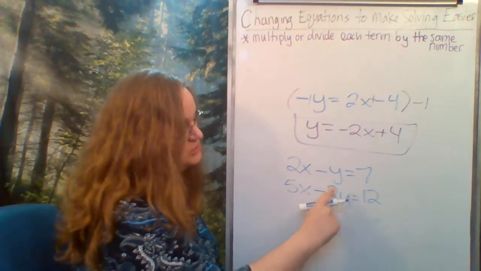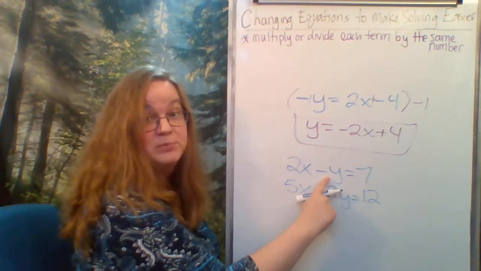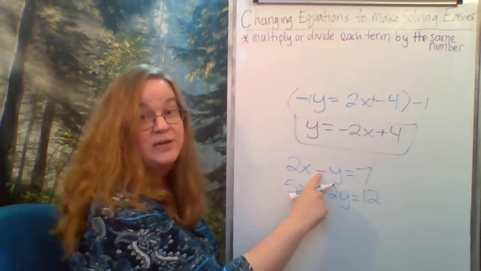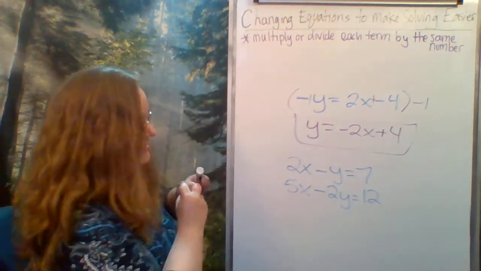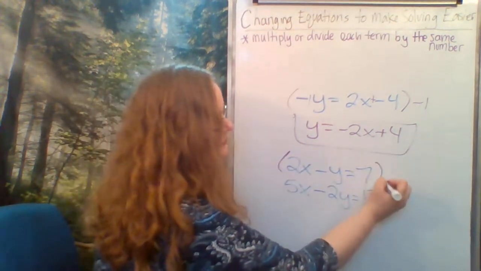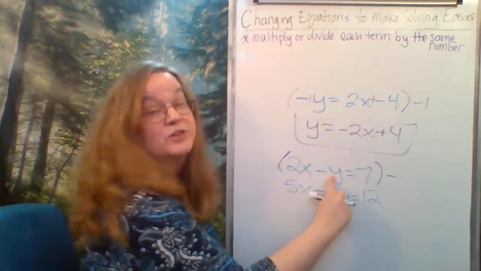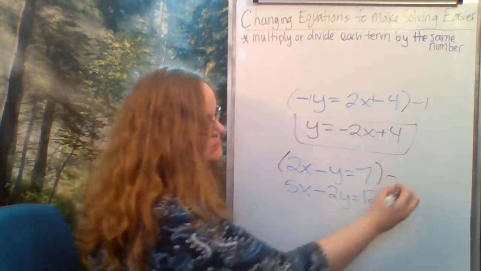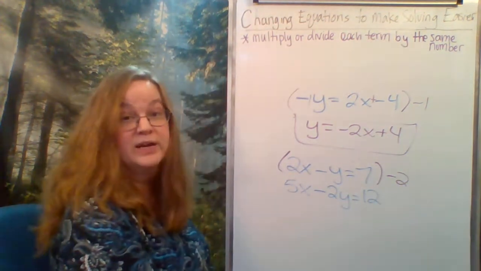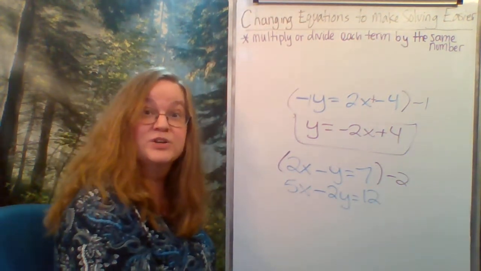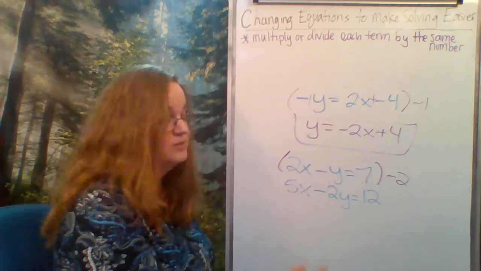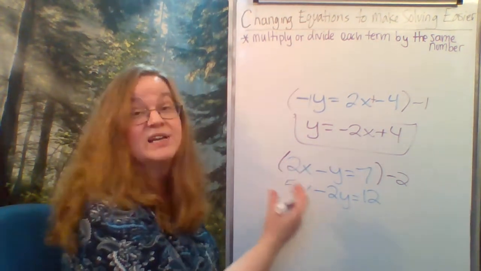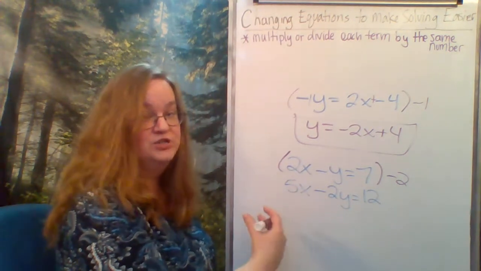So if this is a minus 2, I need this to be a plus 2. Well, right now it's minus. So to flip the sign, I'm going to multiply by a negative number. The coefficient's 1, and I need it to be 2. So I'd multiply that through by negative 2. By doing that, it's going to allow me to use the elimination method. So this is an application of changing that equation.